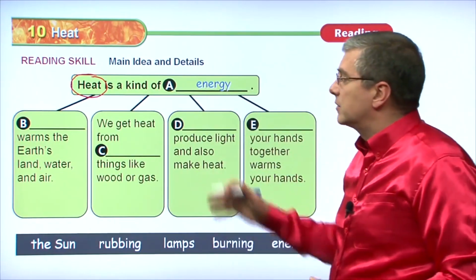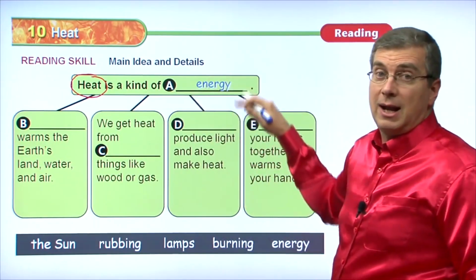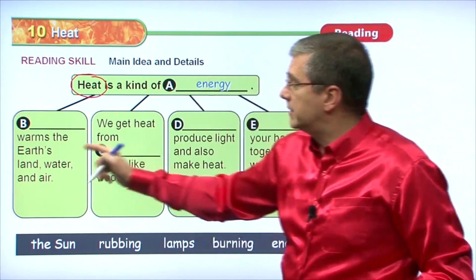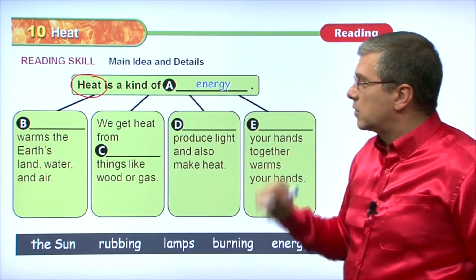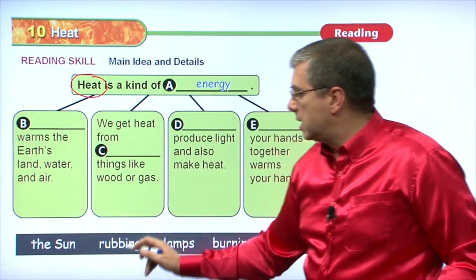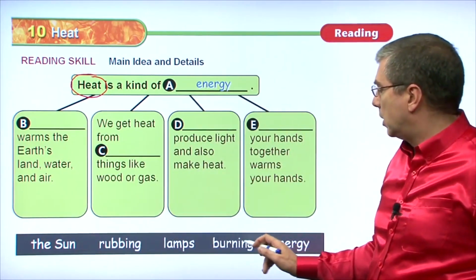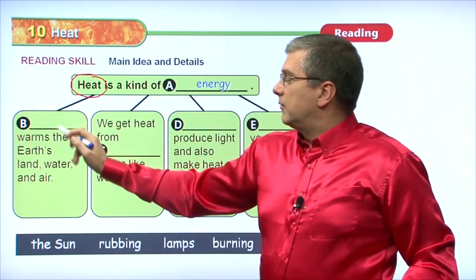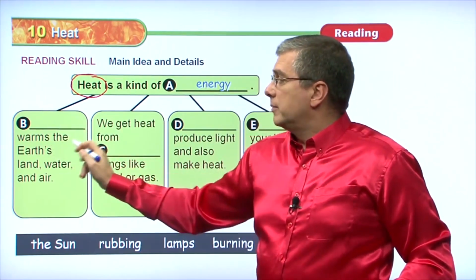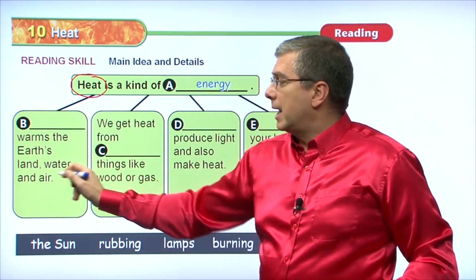What kind of details can we use to support that idea? We can see that there are different types of heat sources. So let's go over these. Our words here are the sun, rubbing, lamps, burning, and we already used energy. So over here, we need to fill in the blank. Something warms the earth's land, water, and air.